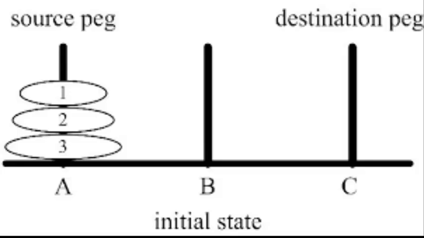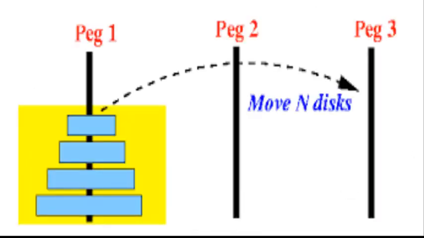In order for us to solve this problem, the first thing we have to do is remove the topmost disk and place it in our destination peg. We remove the second disk and we place it in our intermediate peg. Reason being that the disk below the first one is larger, and so we cannot place it on the topmost disk.